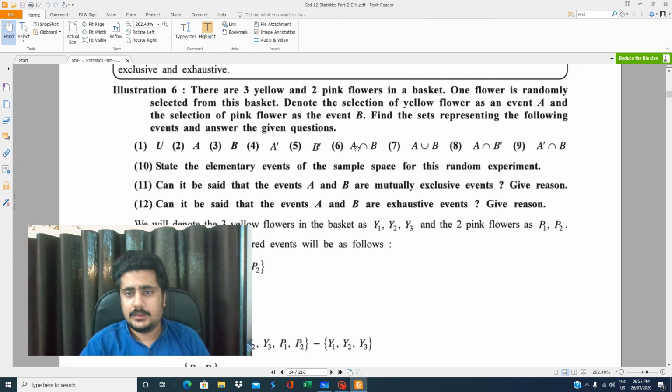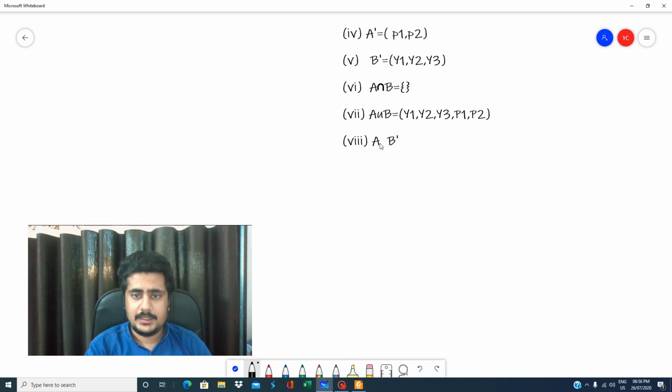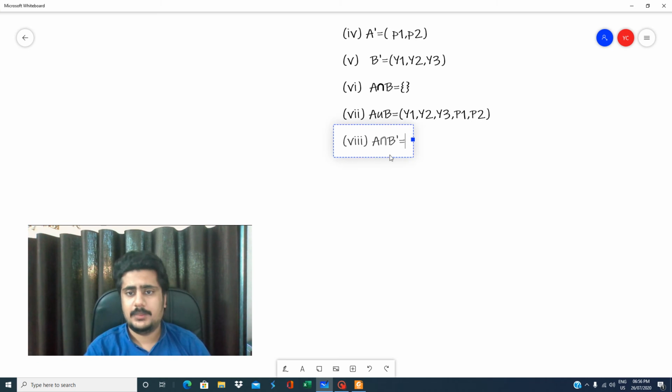Eighth one is A intersection B dash. Now what is A intersection B dash?